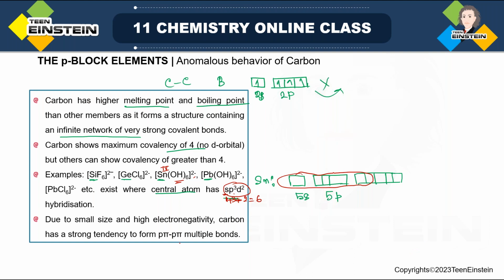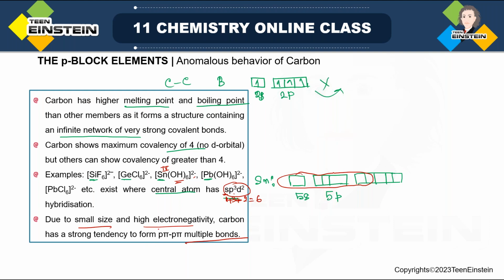And again, multiple bond formation, which we have just seen in the previous slide. Carbon basically has the maximum tendency for pπ-pπ bond formation, because of its small size, because it belongs to the second period, and its electronegativity is very high. These are the conditions for perfect pπ-pπ multiple bond formation. The 2p overlap is very effective because its size is small.